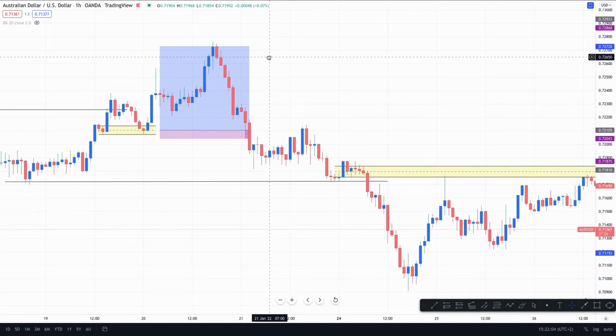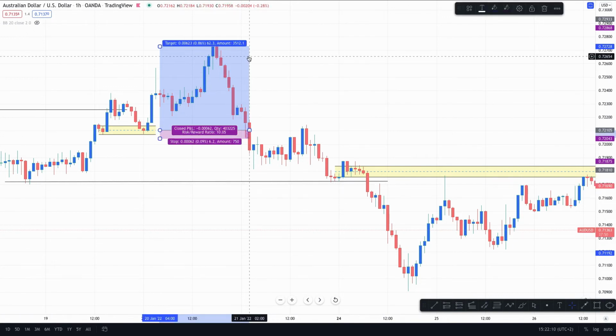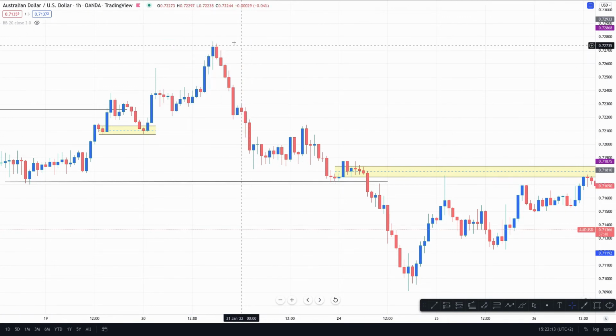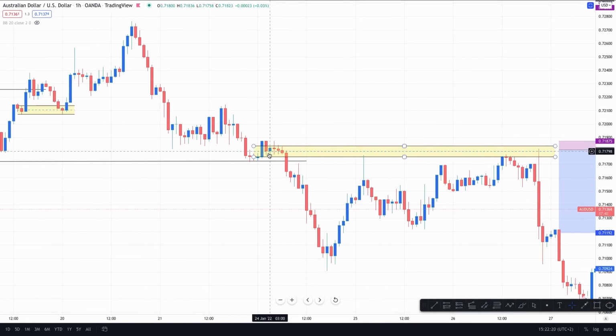Let's have a look here. Here's a nice one. We have a support line right here. We can see that the market, let me delete this, has started to trend downwards, making lower lows and lower highs, right? We can highlight the most previous bullish candle before we see a break of this support line.